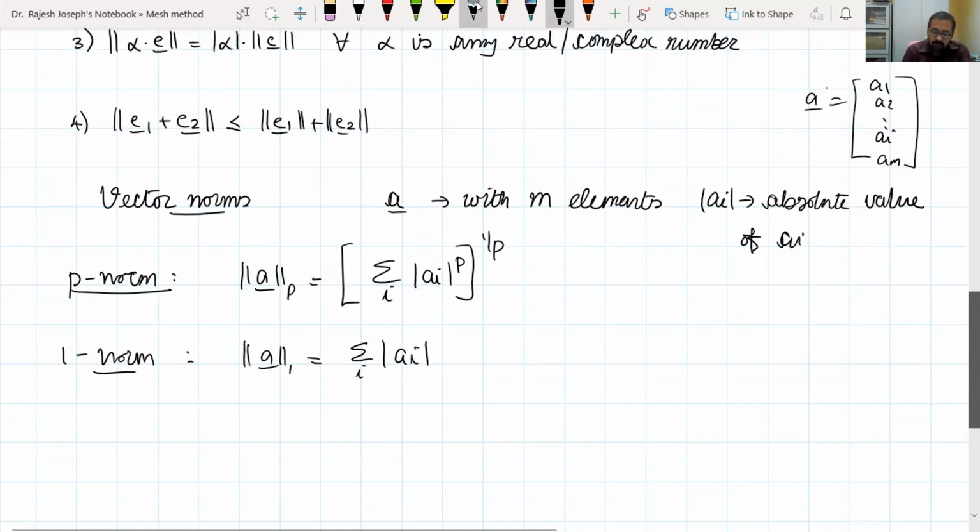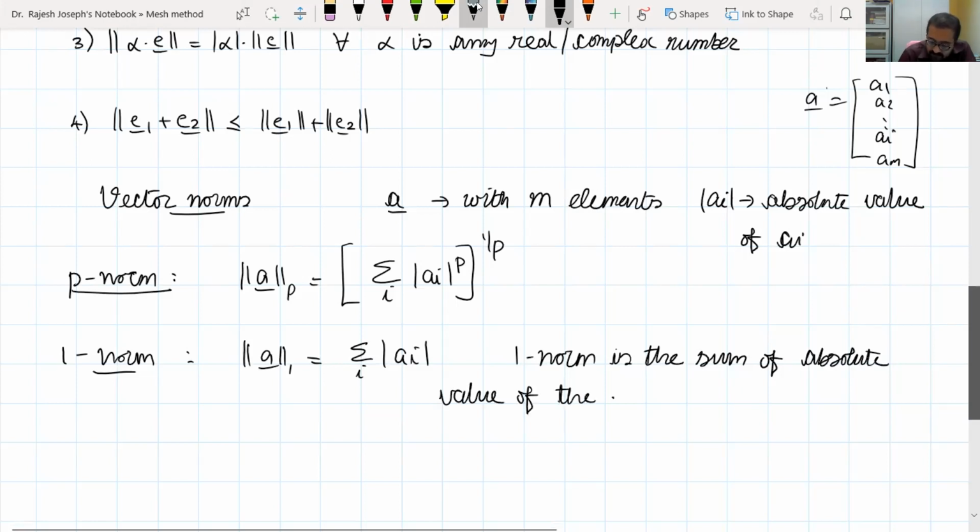So one norm is the sum of the absolute values of the vector elements. As an example, let us try this.